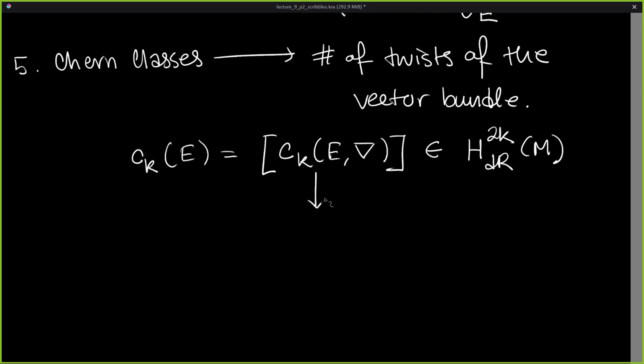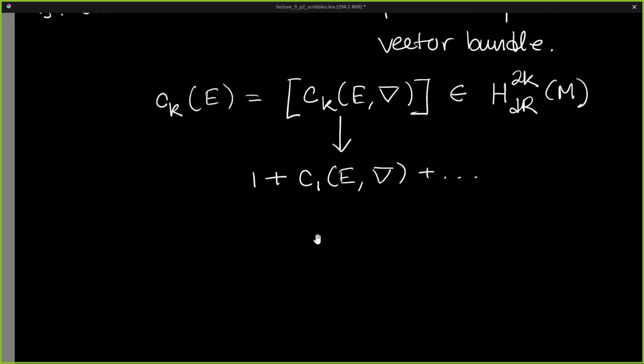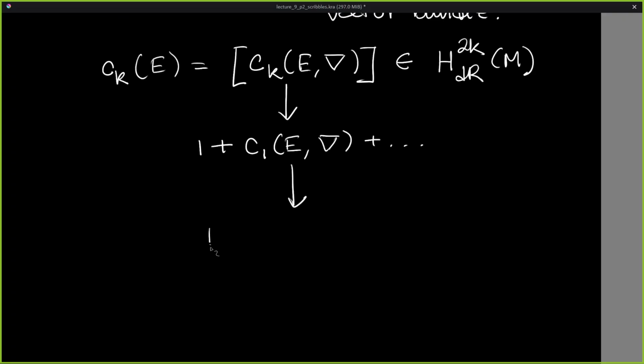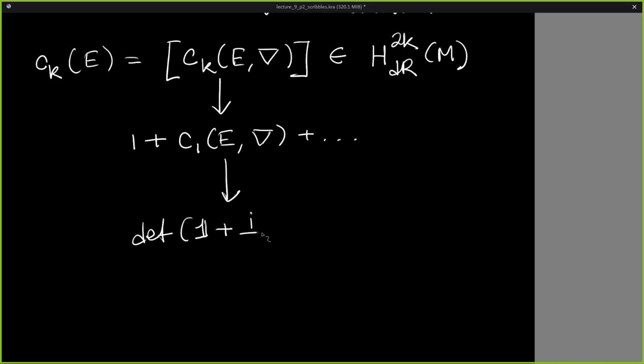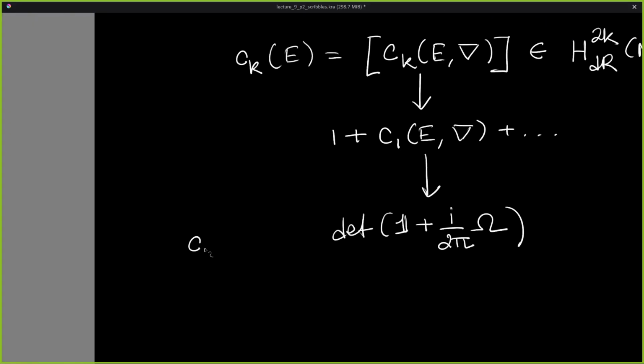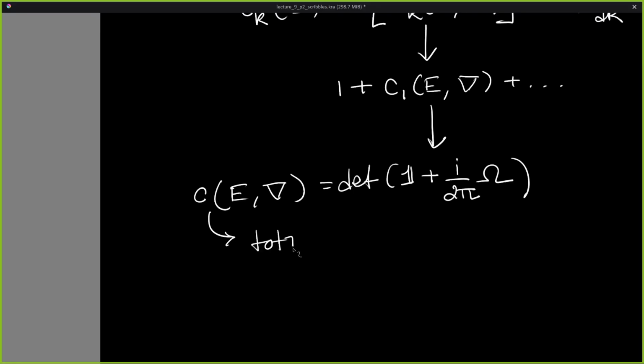And this is from the series 1 plus C1 of E nabla, you get the picture, dot, dot, dot. And this came from this expression, determinant of 1 plus i over 2 pi omega, where this thing was called the total Chern form.